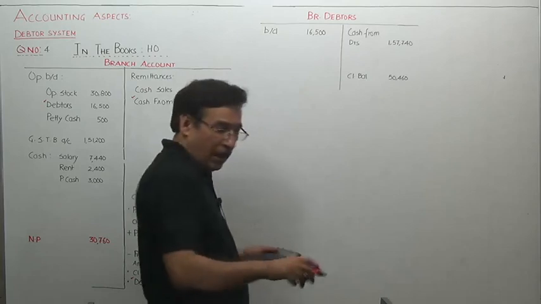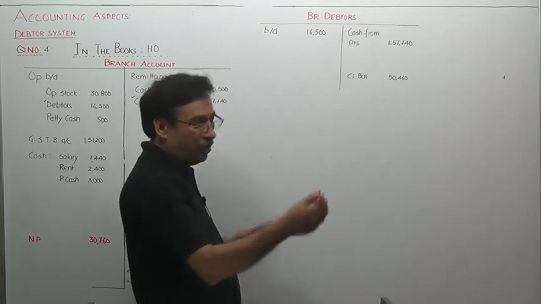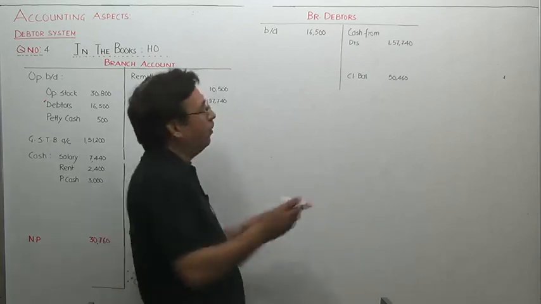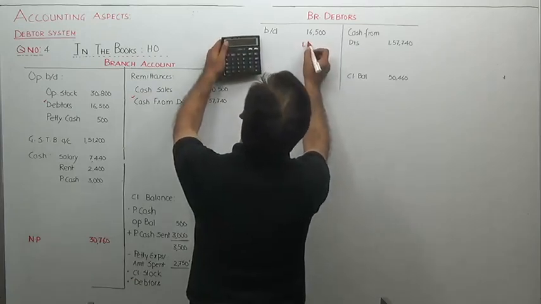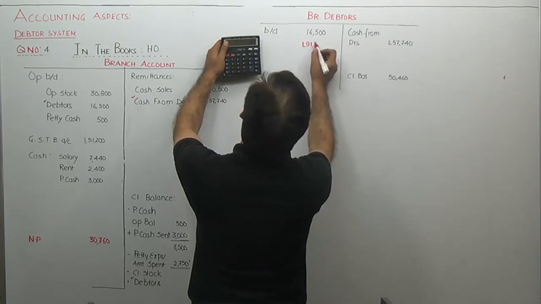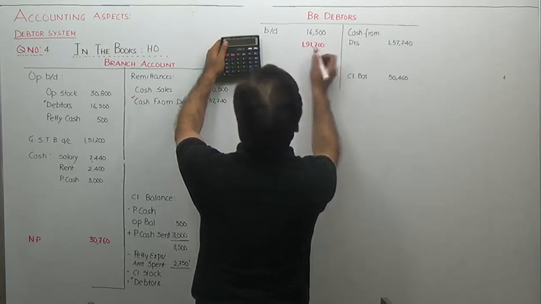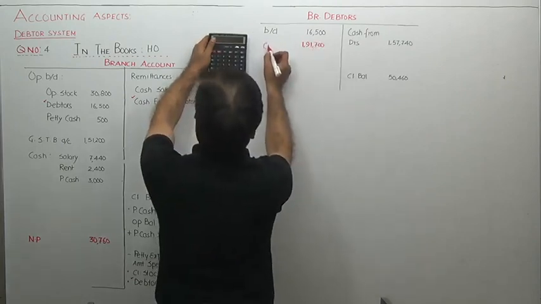That is 1,91,700. Now could you let me know what this figure will be? 191,700. This will be called credit sales.